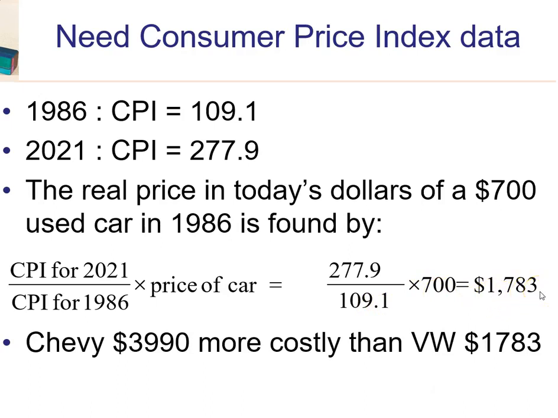So 1783 is today's dollars valuation of $700 spent in 1986. These are comparable purchasing power measures. And so that Chevy that went for just under $4,000 is more than twice as costly as that VW, which in today's dollars would have been $1783.